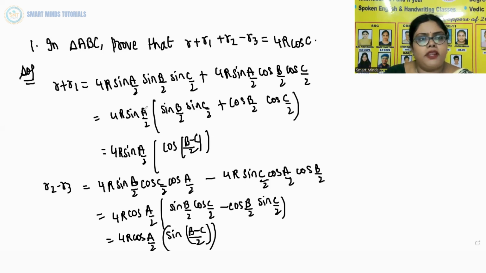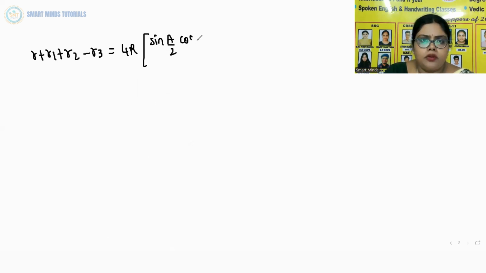Now after finding r plus r1 and r2 minus r3, let us add both of them. So we will get r plus r1 plus r2 minus r3 is equal to 4R. If we take common, we will get sin A/2 cos((B minus C)/2) plus cos A/2 sin((B minus C)/2).